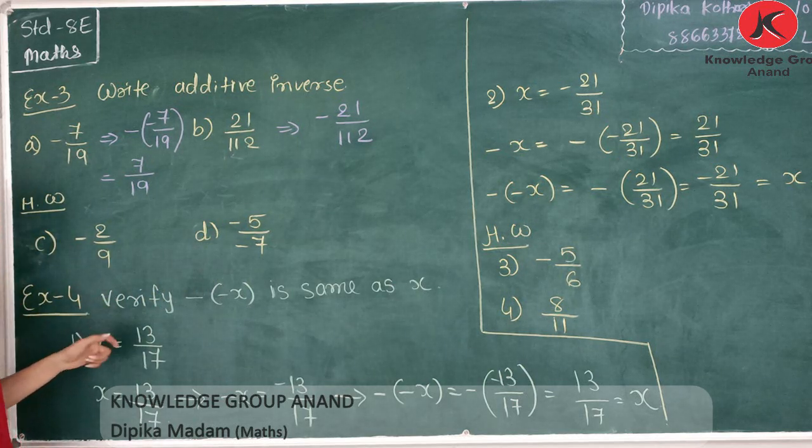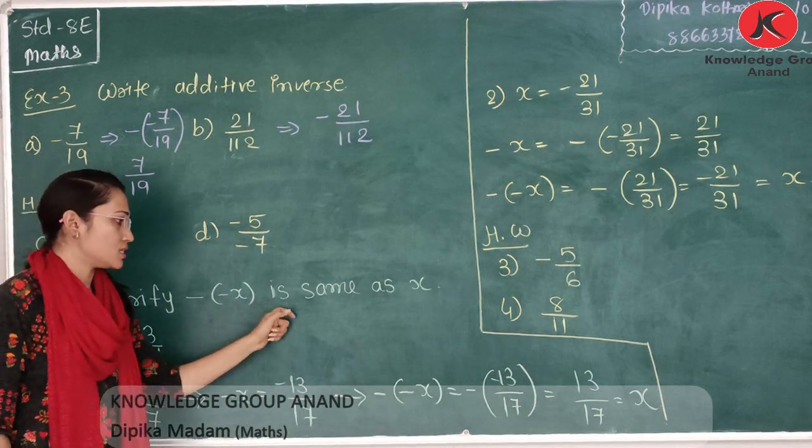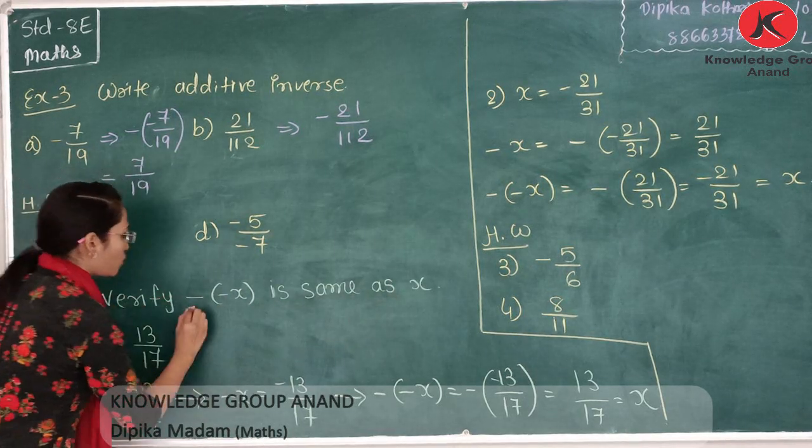Okay. Now example 4. Verify that -(-x) is the same as x. Here there are two values.